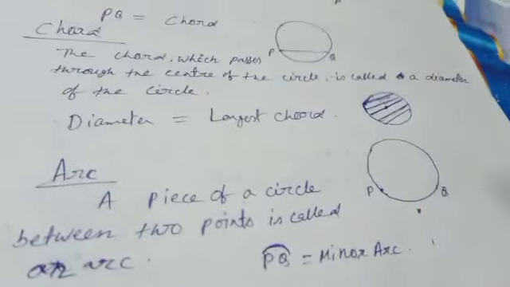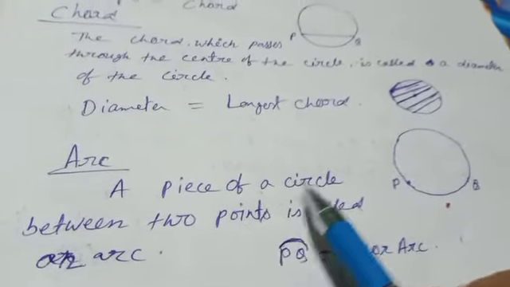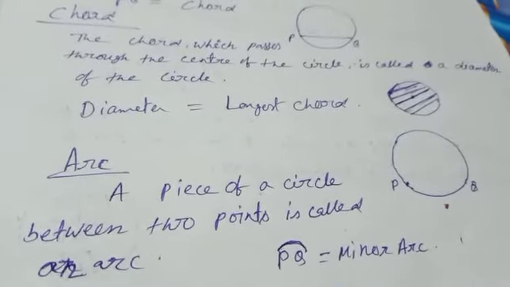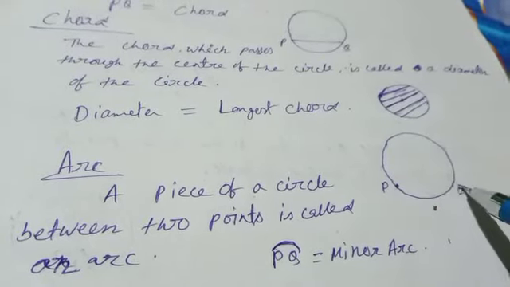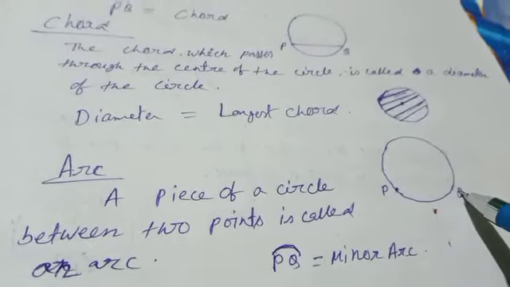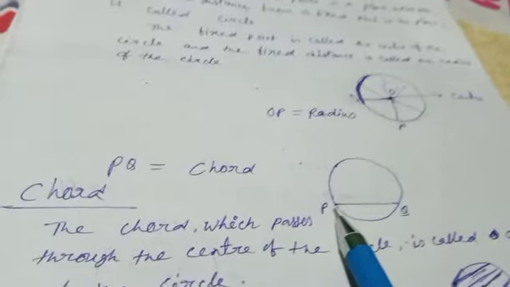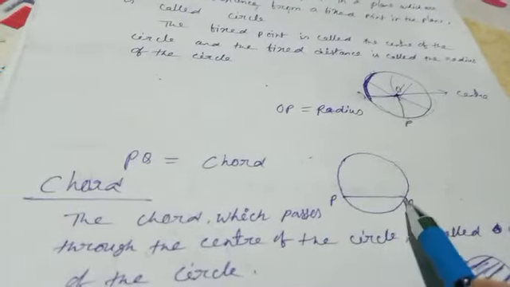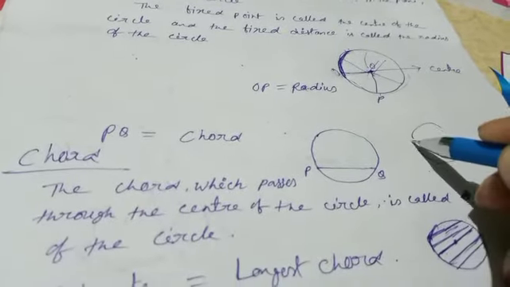Now arc. A piece of a circle between 2 points is called an arc. Suppose P and Q are 2 points. See, the definition of chord you can give like this also.